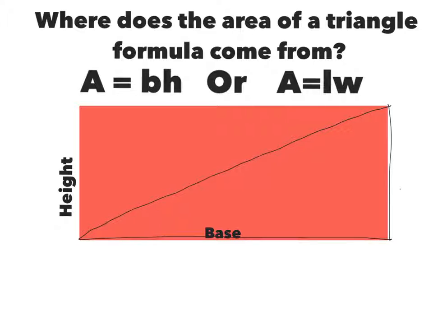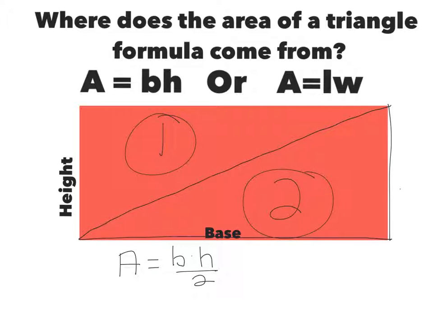But if I just wanted to know what the triangle is that I have outlined, that is where I would have to do area equals... Some of us said in class, base times height divided by 2, because there are two triangles. Here's triangle 1, here's triangle 2. But another way to write this that you'll see on your formula sheet is A equals 1/2 times your base times your height.